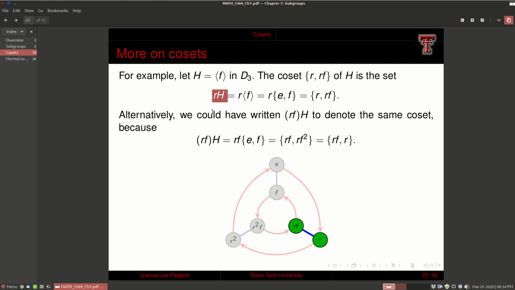Okay. And similarly, I could have written this coset RFH. Why? Since RF lives inside of this coset, basically with cosets you can use any of the representative elements as labels. So what do I mean? If you have the coset R, RF, then you can equivalently write RH or RFH.